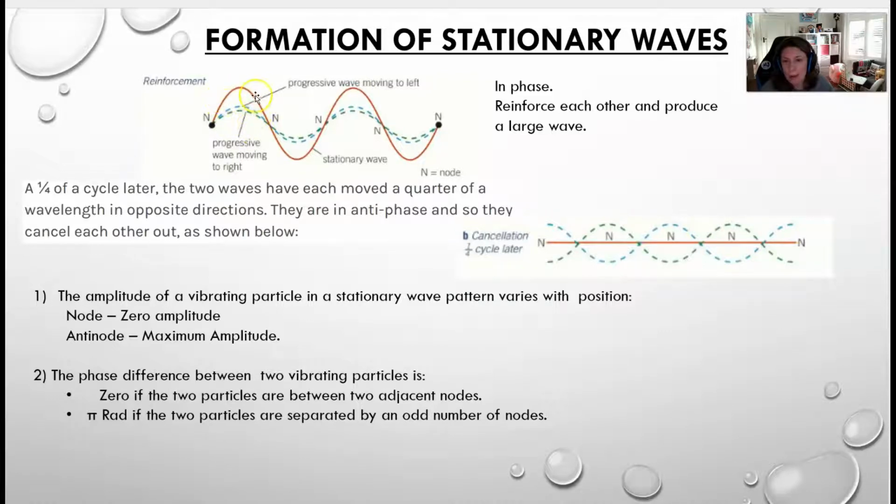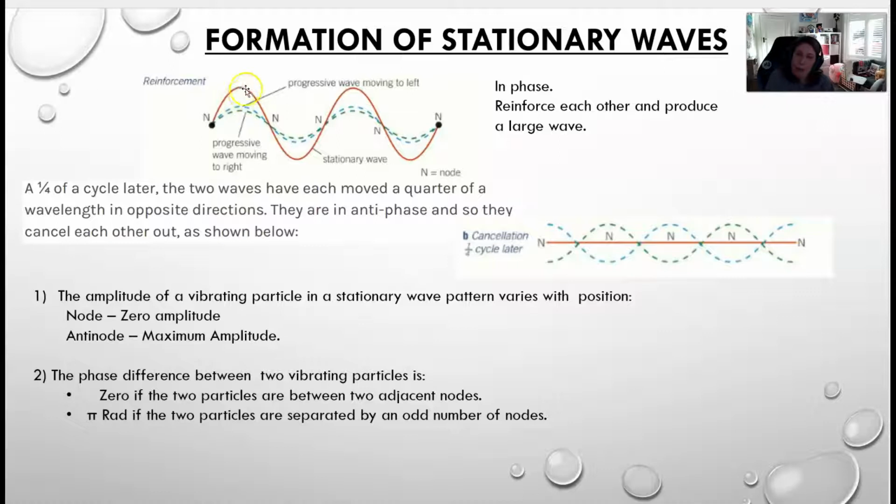They're between two nodes, so they're not out of phase, they're moving together. Any two particles between these two nodes will have 0 phase difference. If I've got a particle here moving down and a particle here moving down, they're moving down at the same time, so they have 0 phase difference.